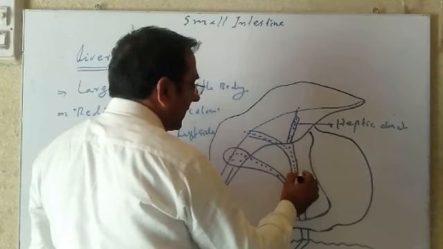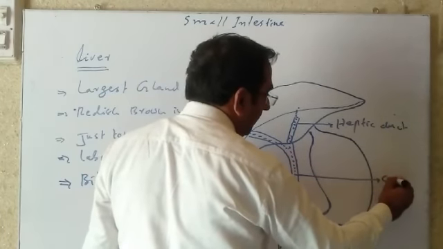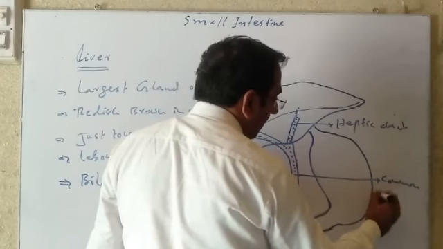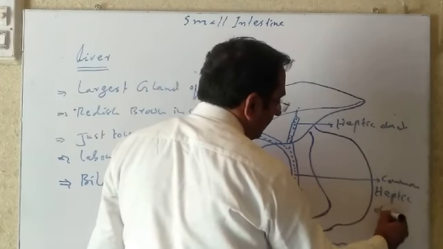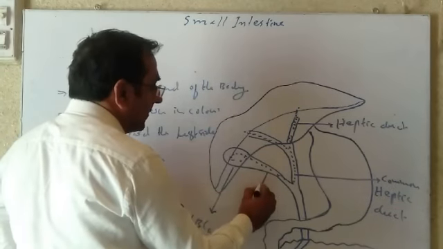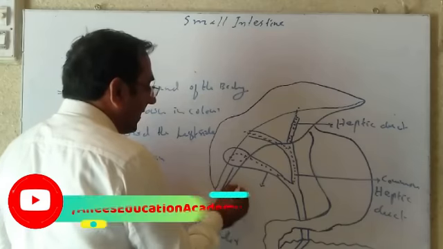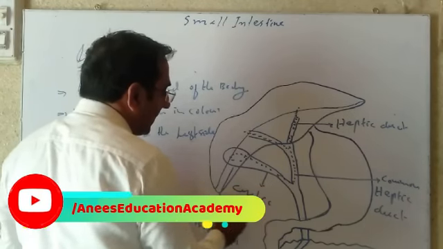When two hepatic ducts combine to form the common hepatic duct, then the duct which arises from the gallbladder is known as the cystic duct.